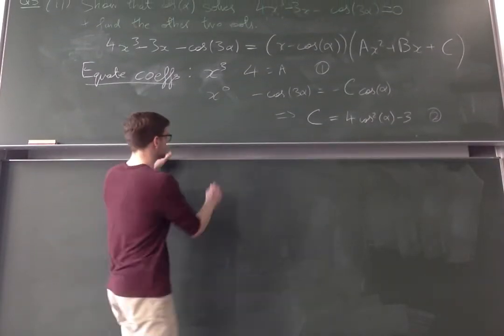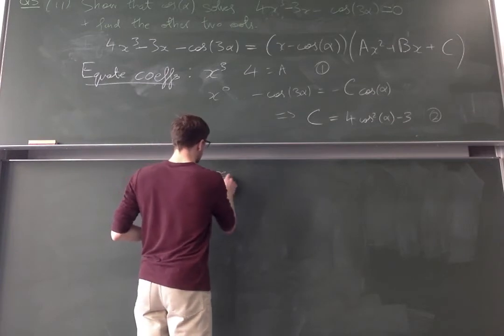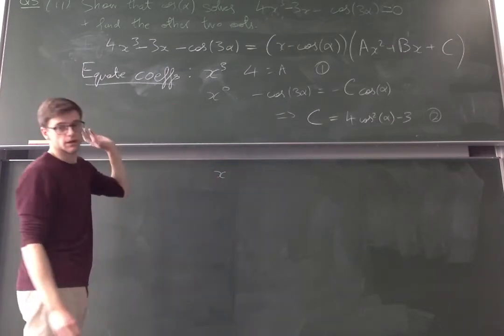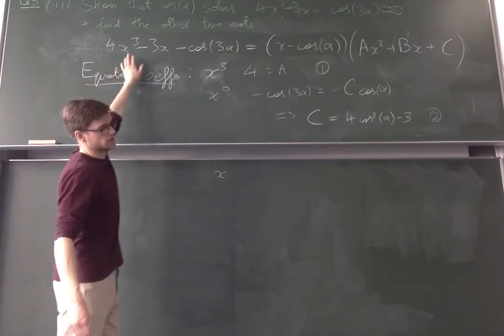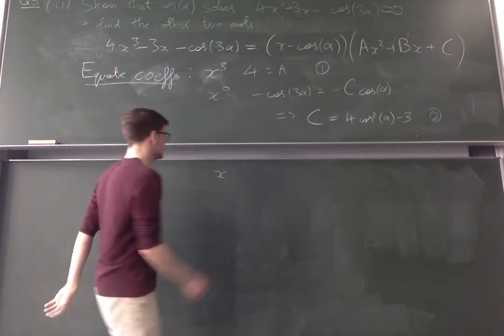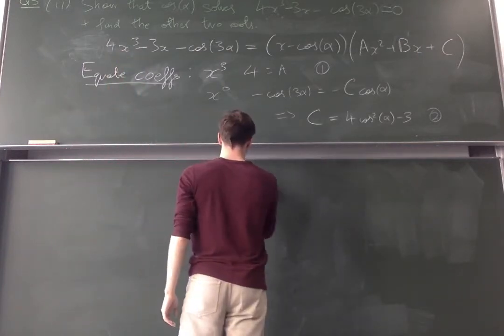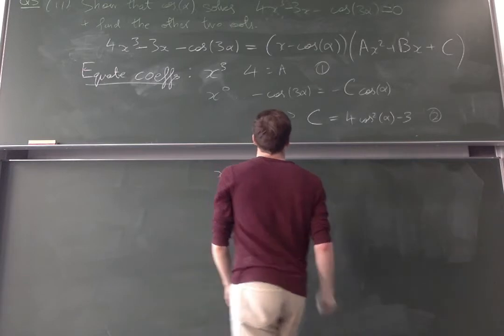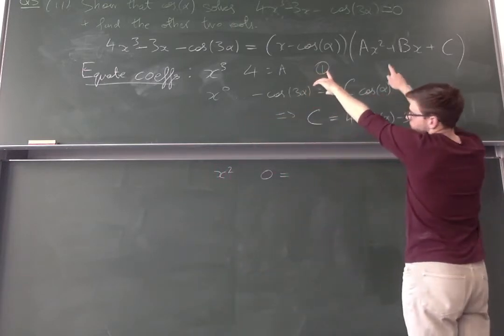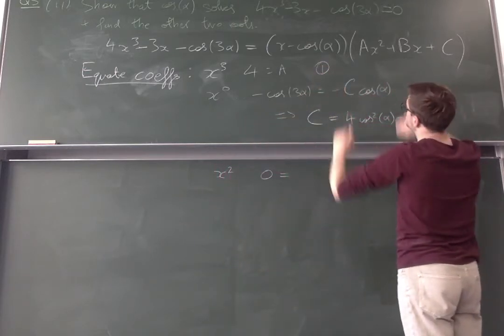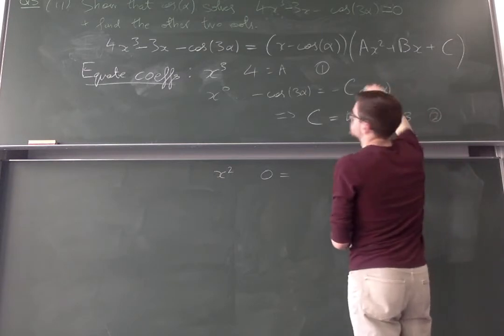And I'm going to equate one other. I could pick x squared or x. I'm going to pick x squared just because there's a 0 on this side, so maybe it makes life easier. So 0 on the left hand side is equal to, now there are two ways of getting x squared.